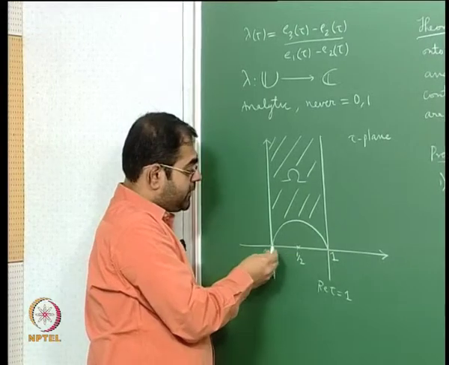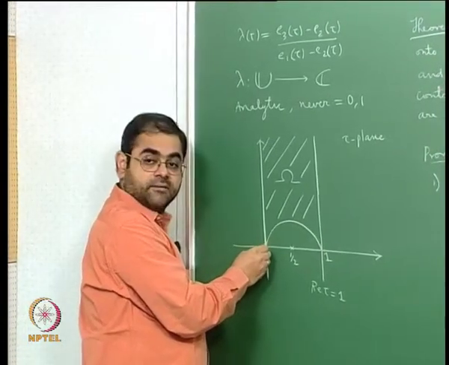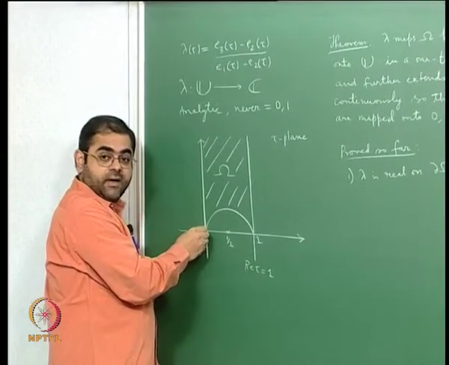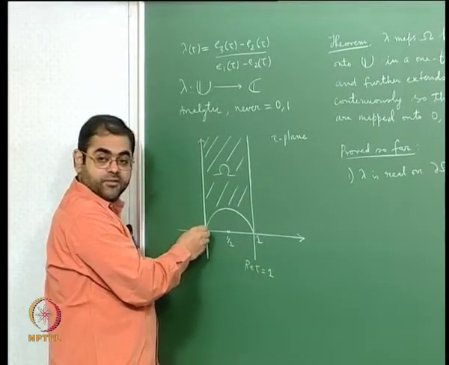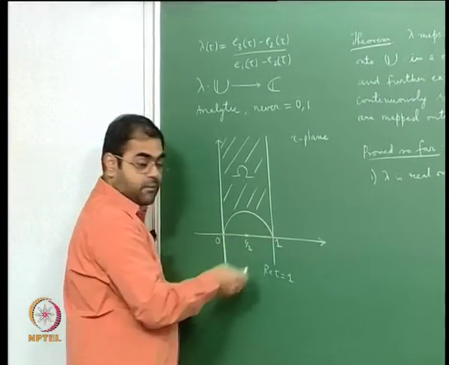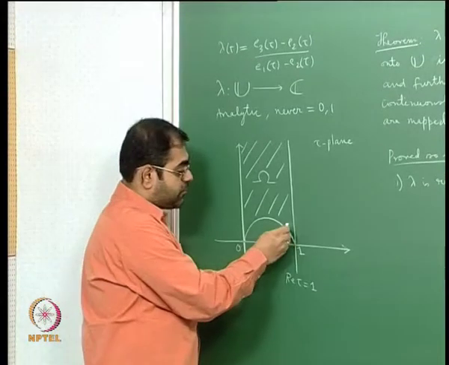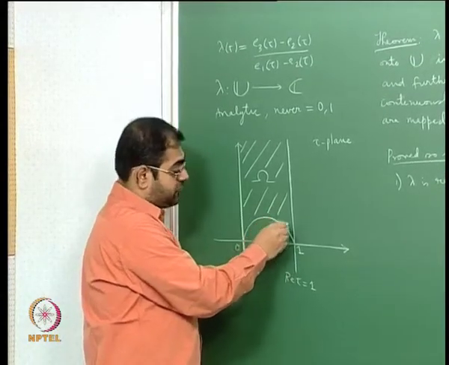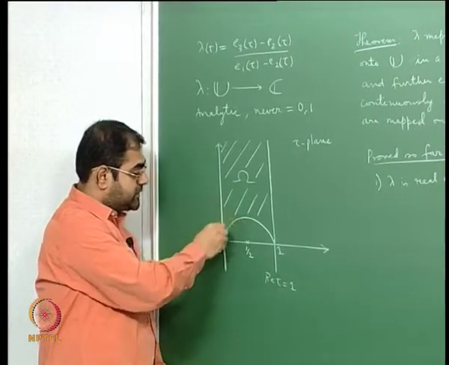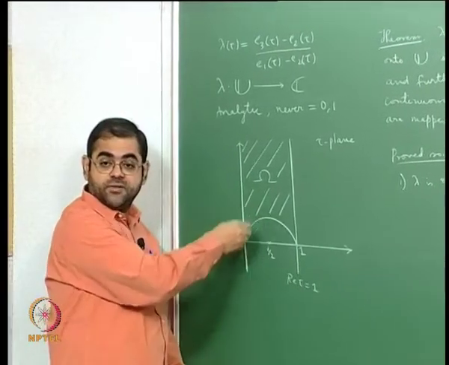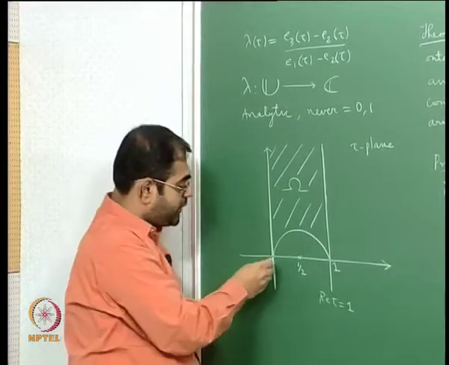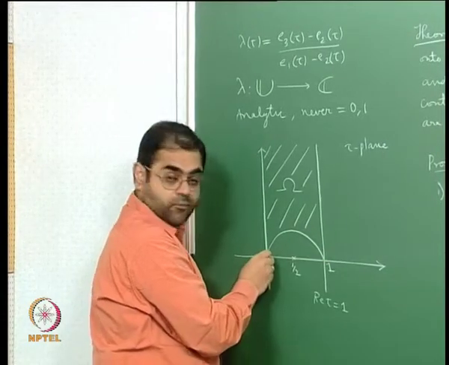So the point is that you will have to show that lambda approaches a genuine limit as you approach this point from within omega, and you have to similarly show that lambda approaches a genuine limit as you approach this point from within omega. That is what you have to show, alright, and you must show that this limit is independent of the way in which you approach this point so long as you are inside omega. Once you do that, then you can extend lambda to 0 and 1, okay.